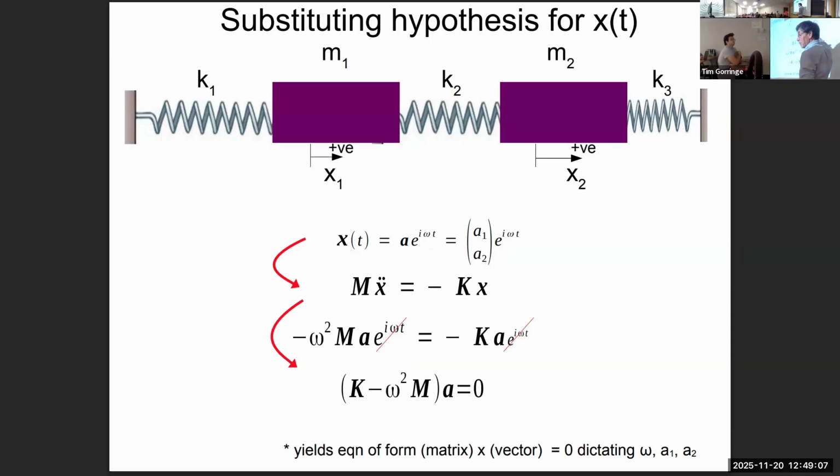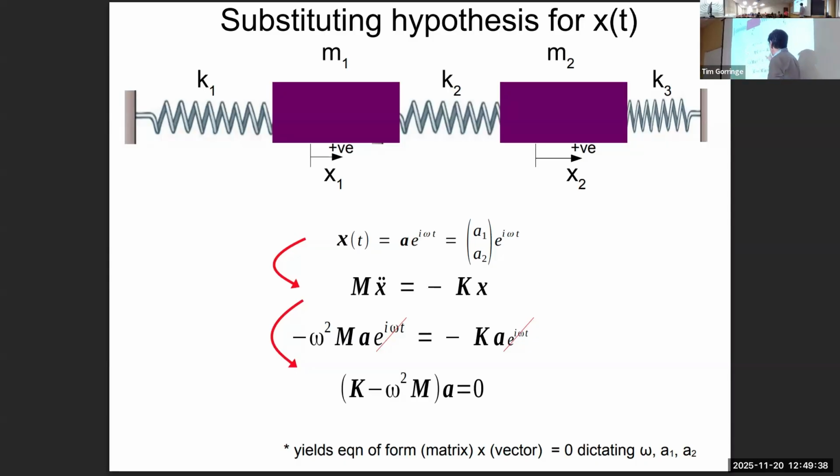These are complex amplitudes, they're time independent, so they're going to stay the same. What I'm going to be differentiating with respect to time is just e to the i omega t. If I differentiate e to the i omega t twice for the second order differential, I'm just going to get e to the i omega t back with a factor of minus omega squared multiplying it. And so that's this minus omega squared here.